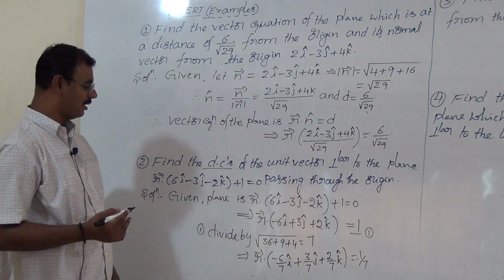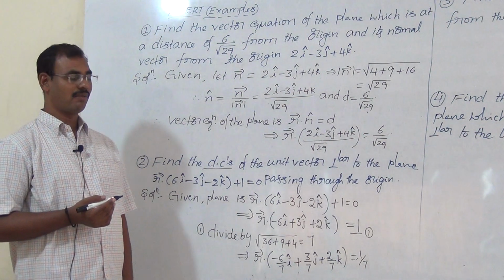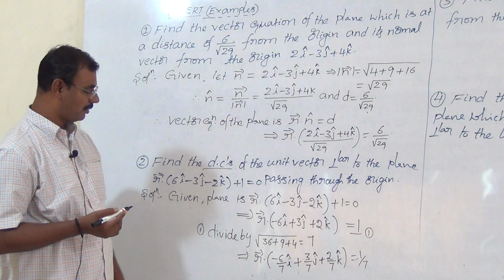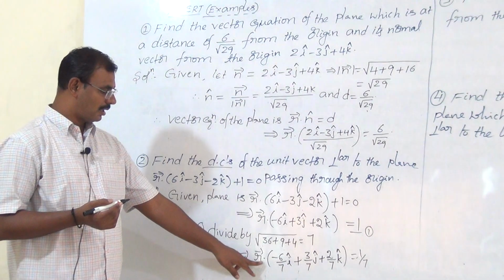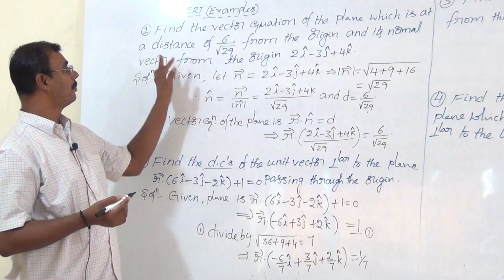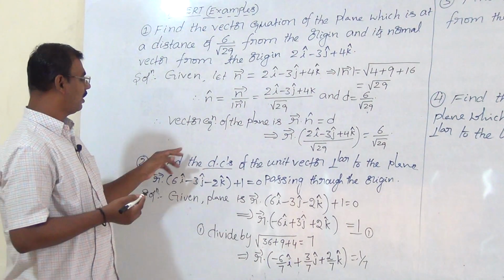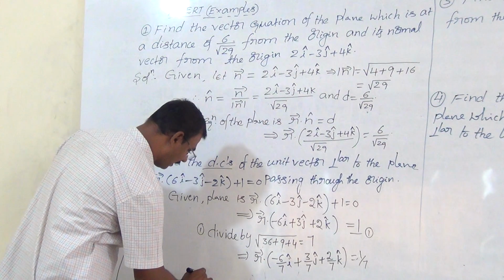So this is the vector equation of the plane in the normal form r bar dot n cap is equal to d, where d is the perpendicular distance of the plane from the origin. But the question is direction cosines.